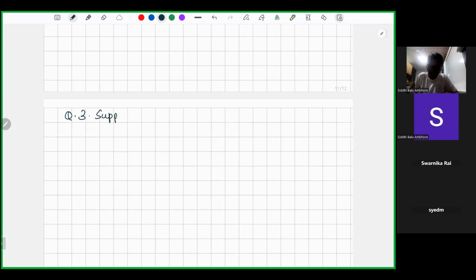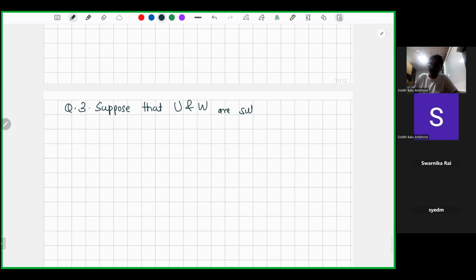Suppose we have this: suppose that U and W are subspaces of R13 with dimension of U equal to 7 and dimension of W equal to 8.